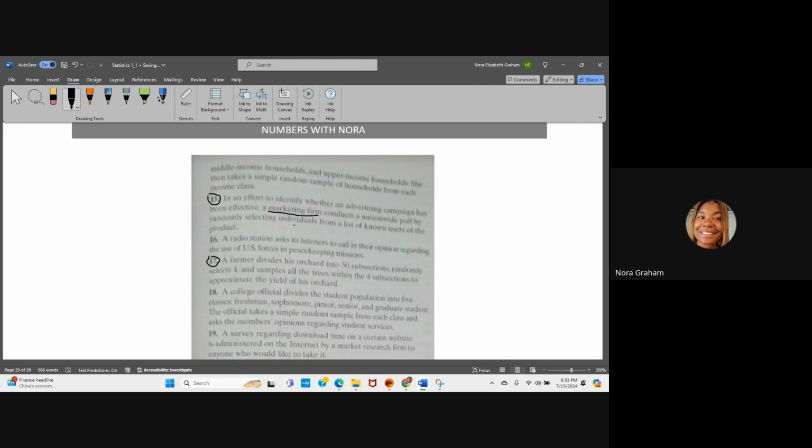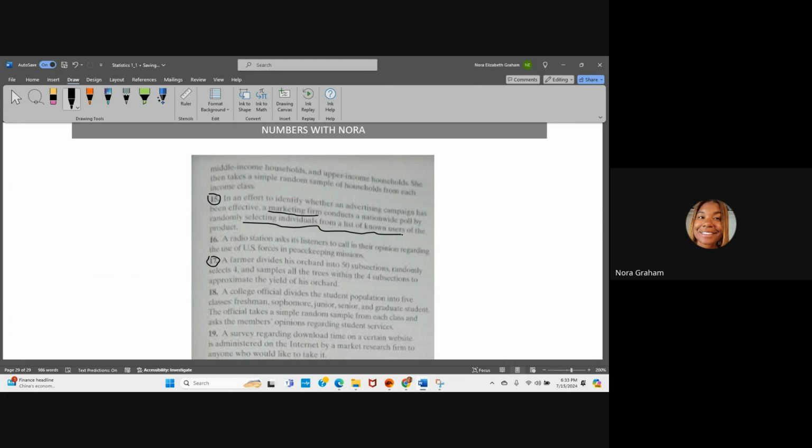It should be an effort to identify whether an advertising campaign has been effective. Selecting individuals from a list of known users. Okay, so the list of known users is going to help us out as well.